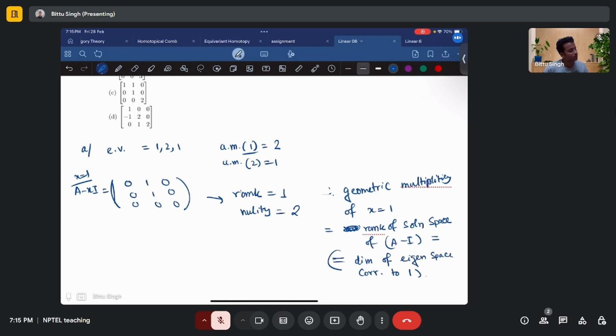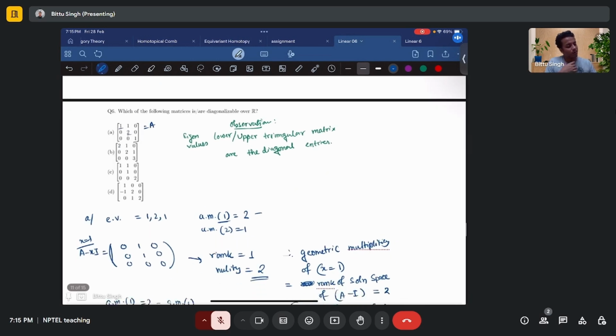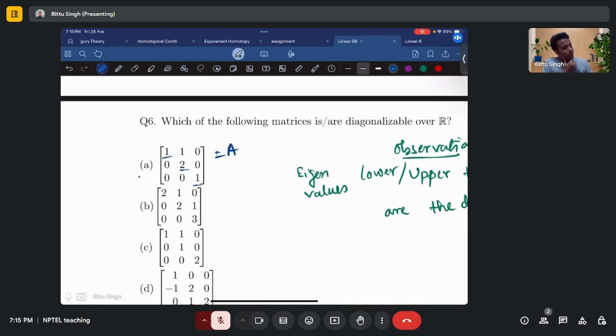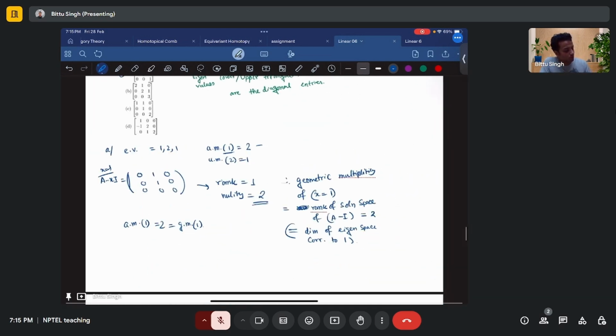Here it is 2, nullity is 2. That's why the geometric multiplicity is 2. The algebraic multiplicity of 1 was already 2, which is the same as the geometric multiplicity. Therefore, algebraic and geometric multiplicities are 2, so this is diagonalizable. The conclusion is A is diagonalizable.